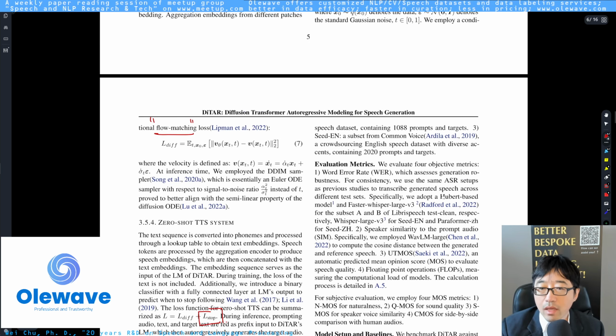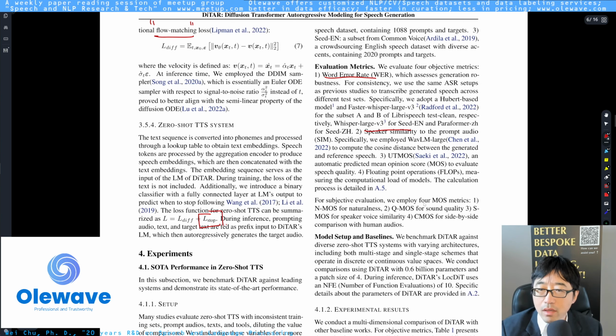And the metrics they use are word error rate of the synthesized speech and the speaker similarity, which is not new if you listened to the paper reading of Seed-TTS. And what is UTMOS? Oh, they have also used automatically predicted MOS. Also, they compare the computational cost, which is FLOPs.